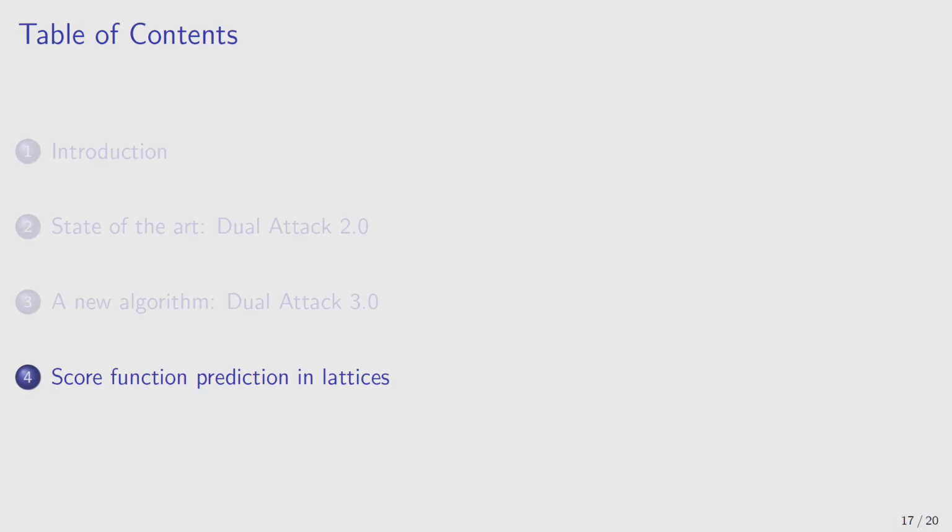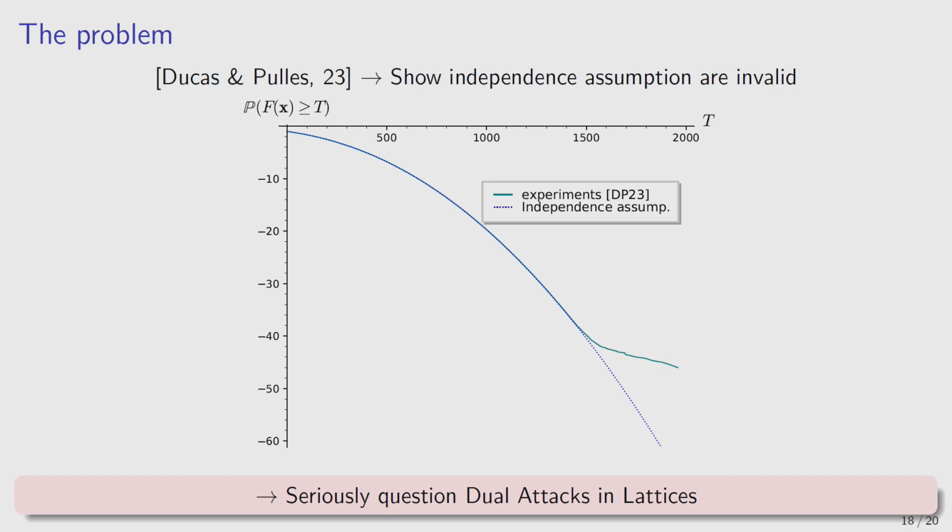Lastly, I'm going to present a prediction for the score function in lattice dual attacks. I recall that Ducas and Pulles in 2023 showed that the independence assumptions are invalid in lattice dual attacks. In blue, you have the same setting in dual attacks in lattices.